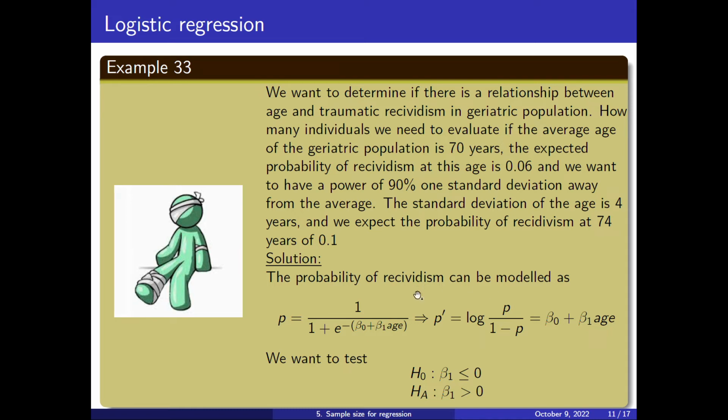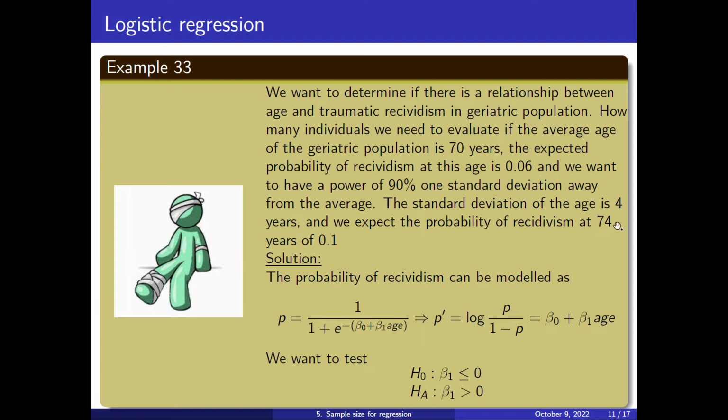So let's say that the average age of the geriatric population, the one that you are interested in, is 70 years old, and the standard deviation of that age is 4 years, and then at 70 years you expect that the probability of falling again is about 6%.